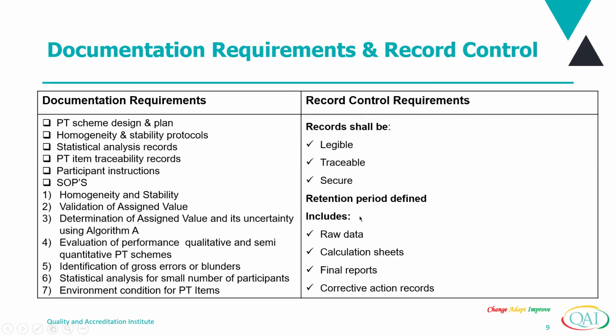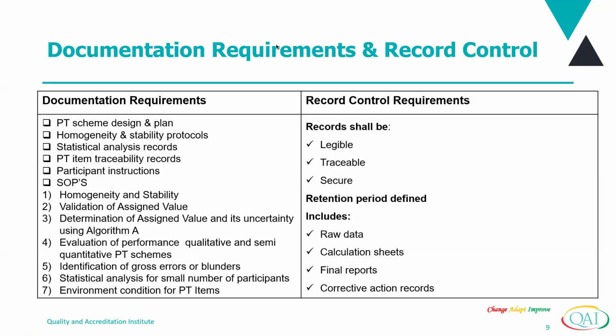Here, some of the records we are expecting from all the PTPs to store in a proper way: legible, traceable, and secured, as this is the common requirement for all kinds of international or national accreditations. Further, the retention period should be defined for your PT schemes or PT items, or the documents, like customer feedback forms or complaints, including the raw data sheet.